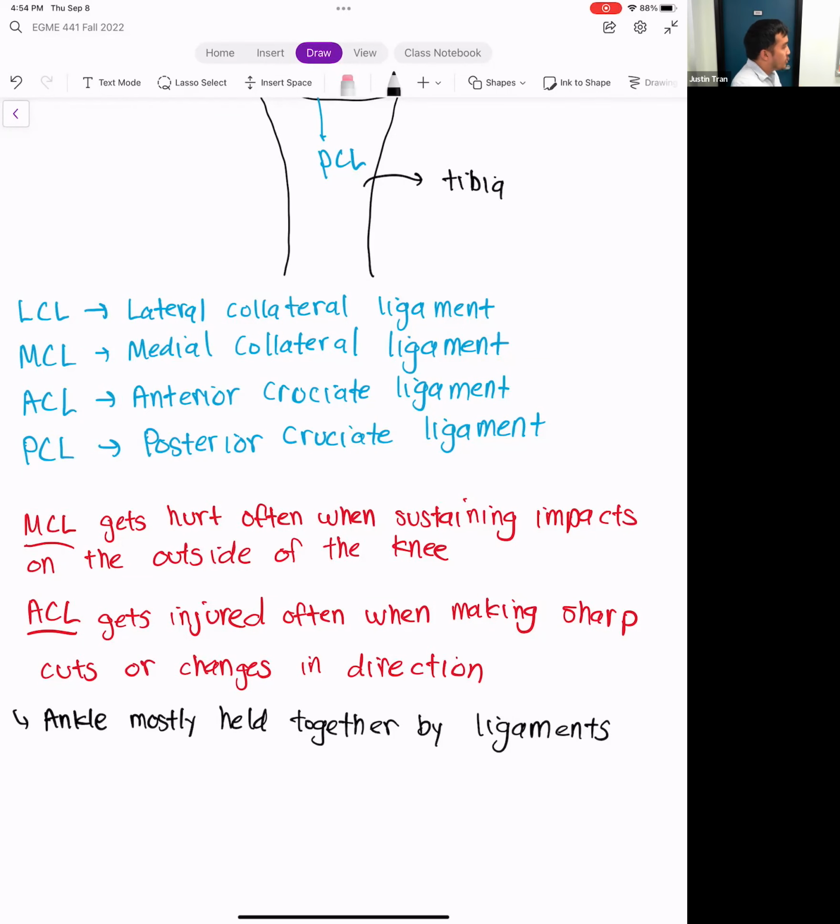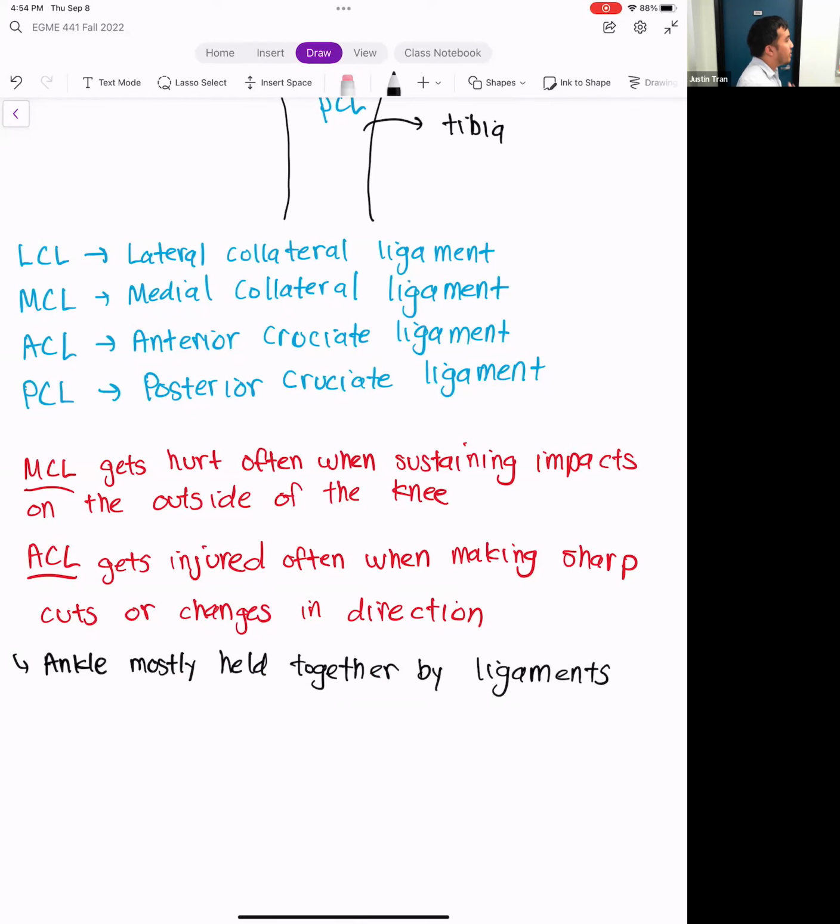Okay. The main difference is that these ligaments are literally just like supporting cables inside your body. And just like any material, they can get fatigued easily.